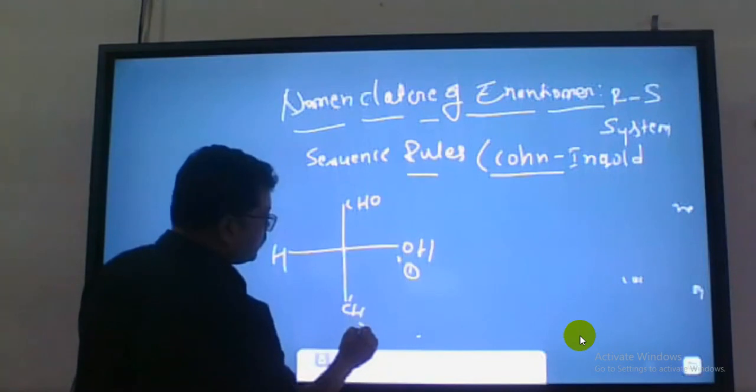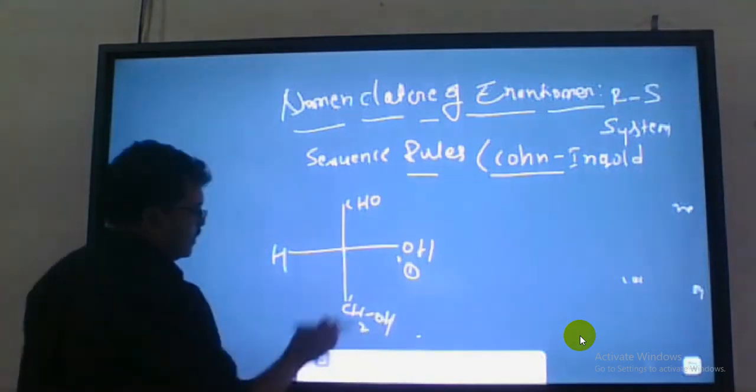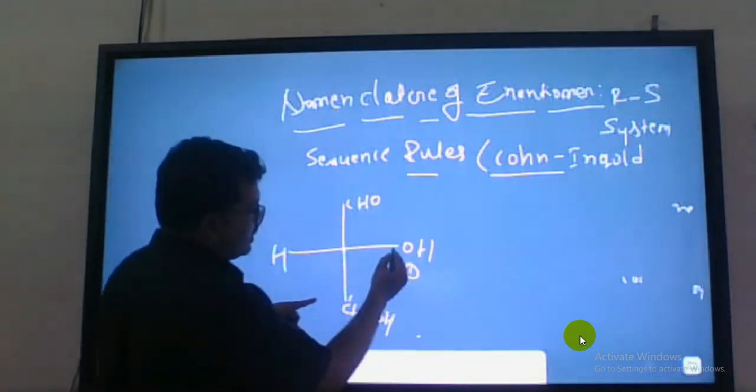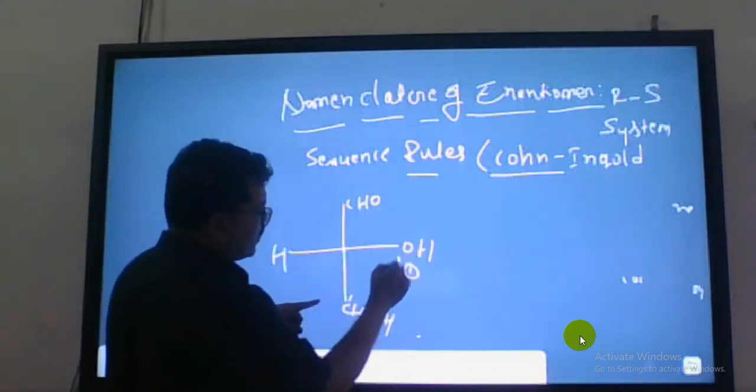Take this one, CH2OH. This carbon is directly attached to oxygen. This is 1.